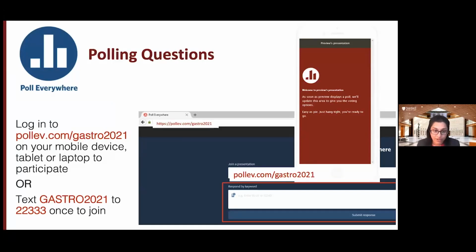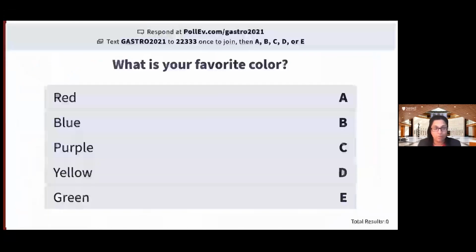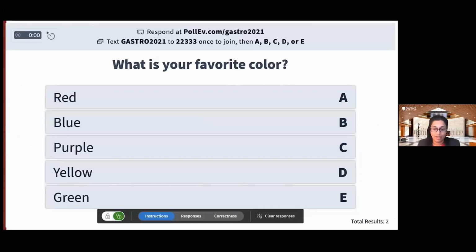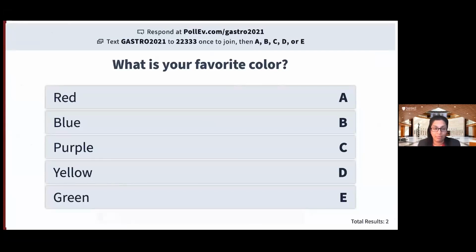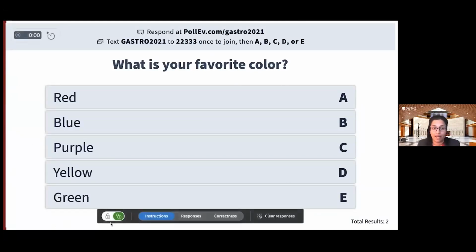So before we start, just to get everybody warmed up on how to use Poll Everywhere, we'll start with a few questions. So if you could all download the app and make sure you have access to it. The first question is, what is your favorite color? Red, blue, purple, yellow, or green? So again, you want to make sure you download that app. You can either text to Gastro 2021 to 22333 or download that app or use that website.